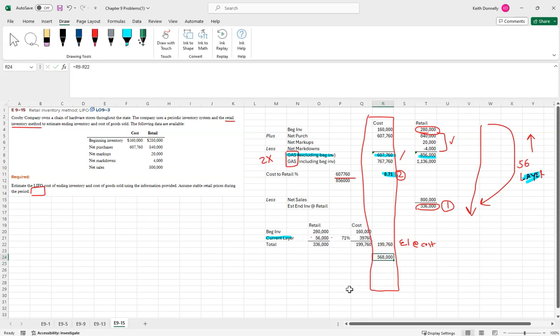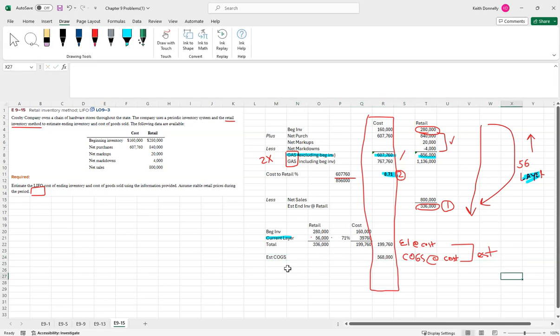We're looking at 568 there for our cost of goods sold at cost. And again, these are based on estimates. So I can put that over here: estimated cost of goods sold.